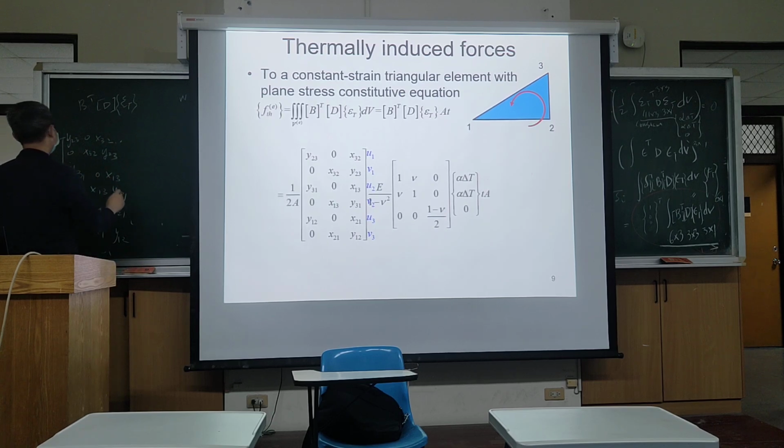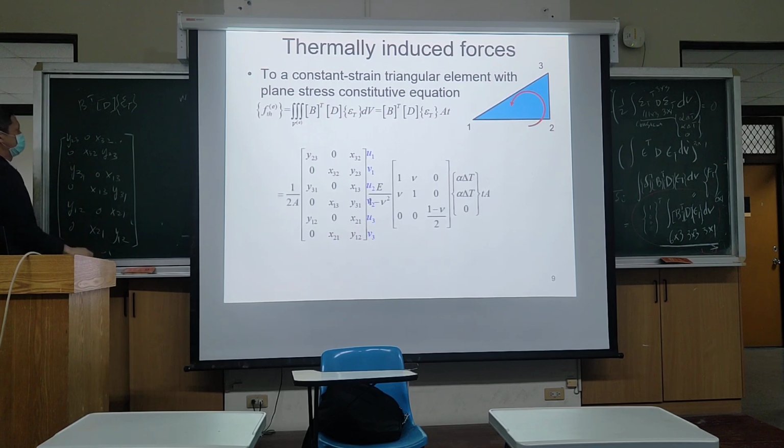So when you're writing this B matrix, okay, please know a pattern. The first one is corresponding to the strength in the x direction. Second one is corresponding to the strength in the y direction. And then the third one is corresponding to the shear strength.